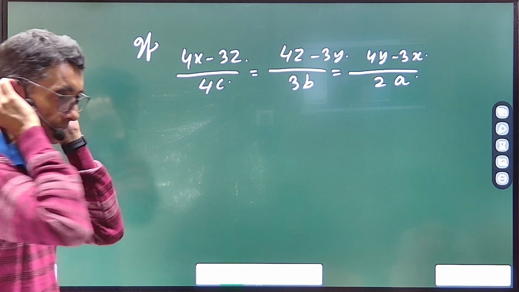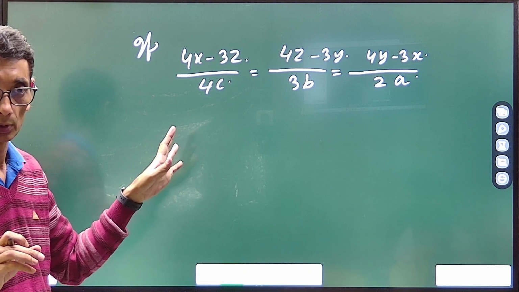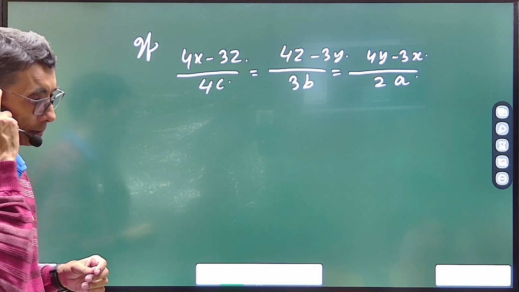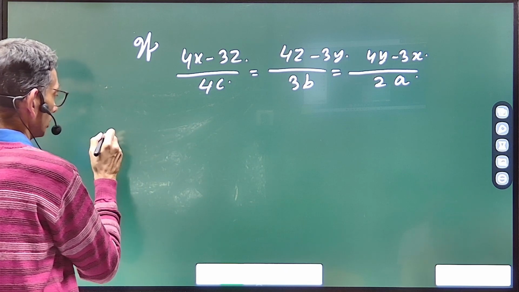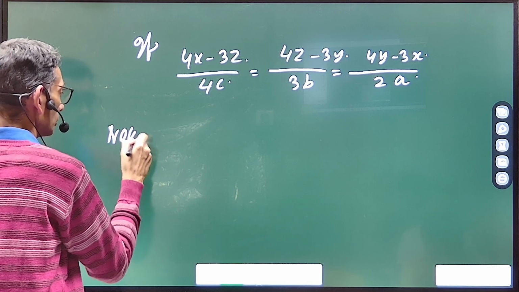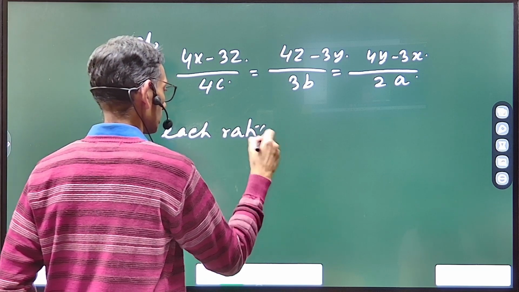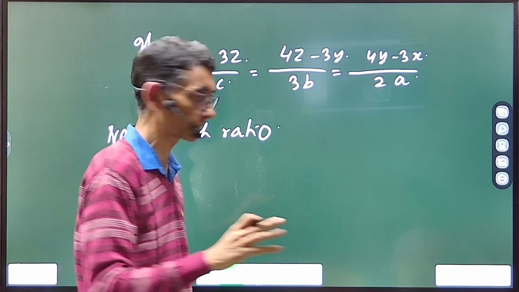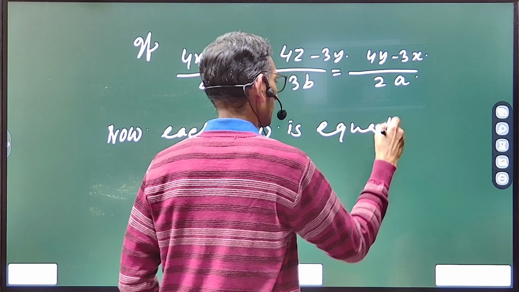As I said, we have got more theories, which you are going to learn afterwards. We have to use a direct formula. Now each ratio, its ratio is equal to.